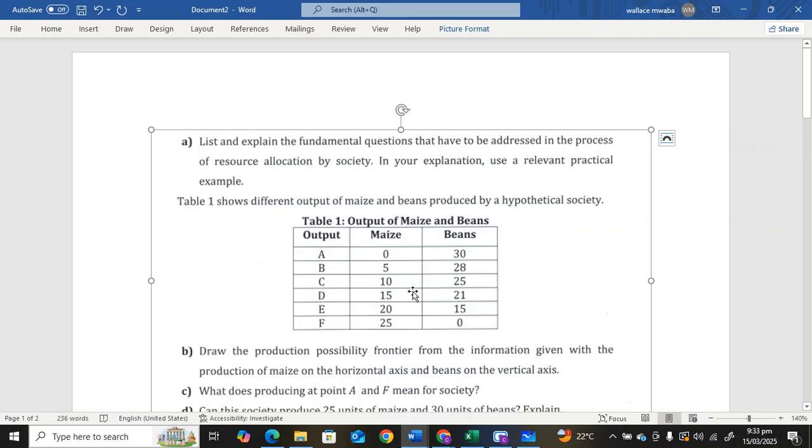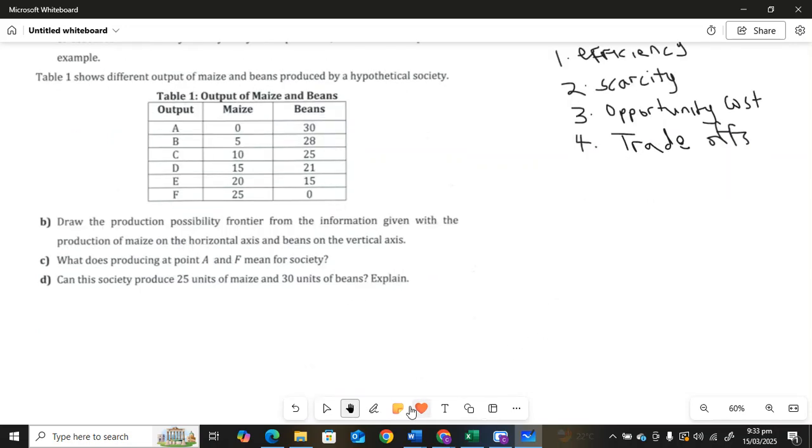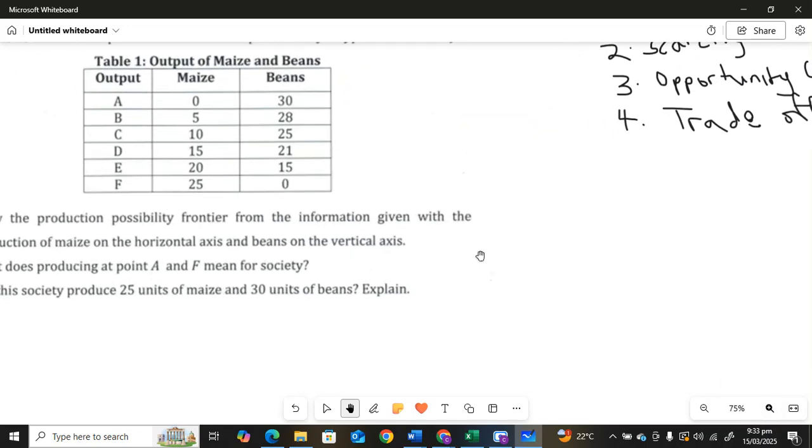So the first part of the question says draw this PPF curve. Drawing a PPF curve can be quite tricky. First thing you need to look at is the rate of change for both goods. Why am I saying this?